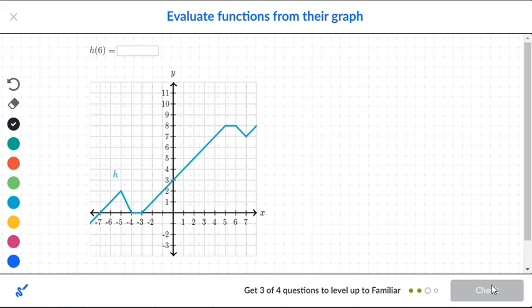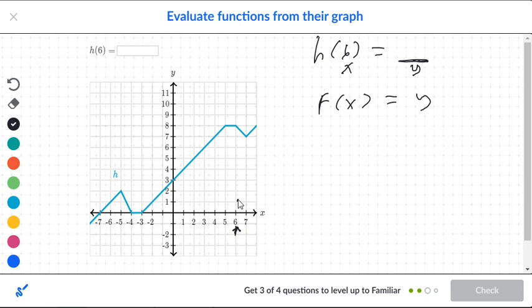Okay, next question, you have h of 6. So h of 6, and again we want to figure out what that's equal to. Remember, f of x is equal to y. So this is my x and this is my y. So we want to find 6 on the x-axis. So here's 6 right there on the x-axis.